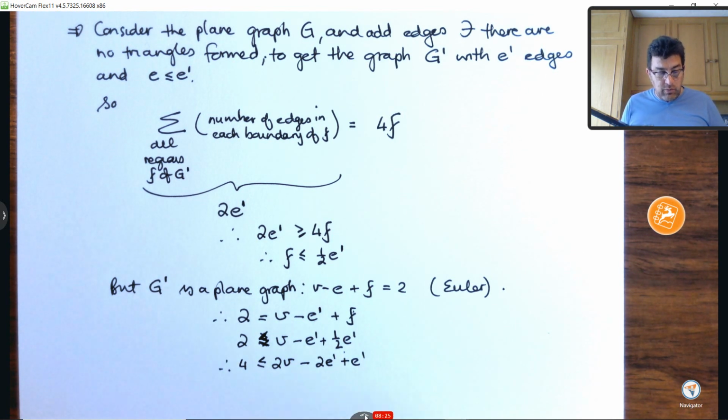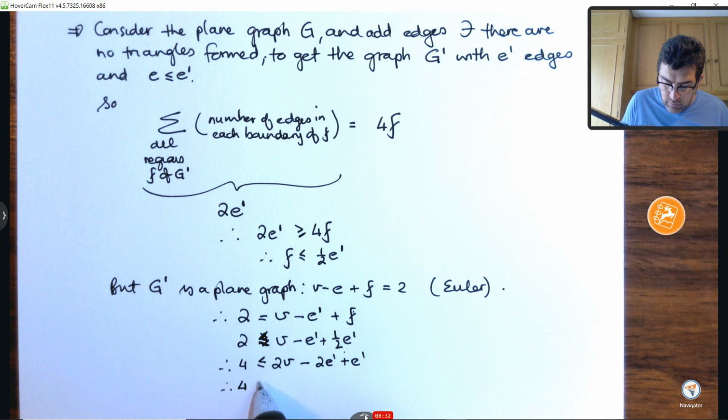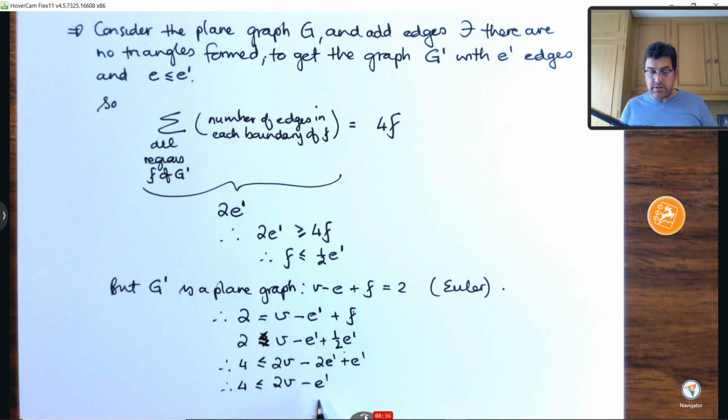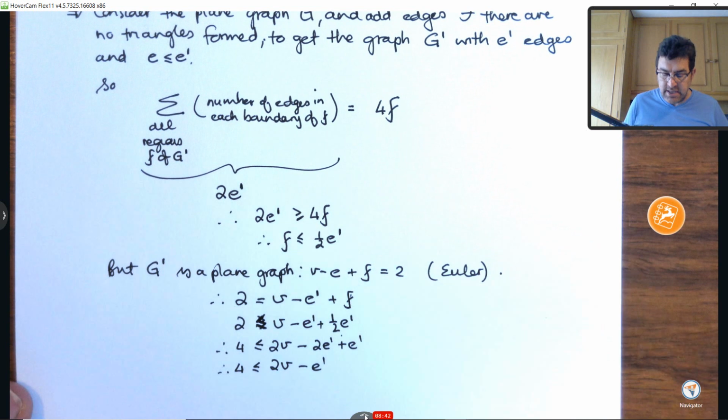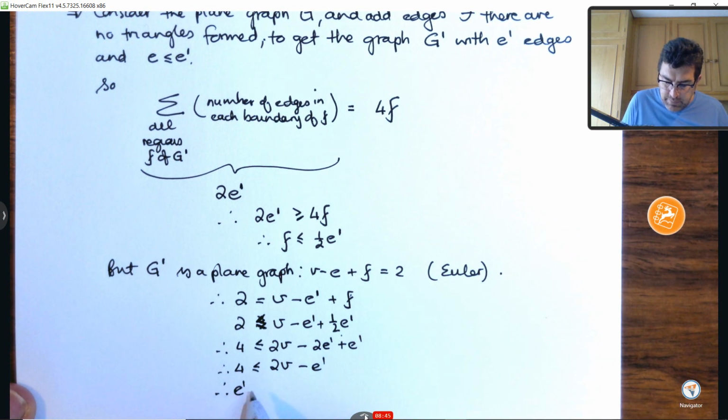And if I now want to look at my number of edges, that is 2V minus E prime. So what am I going to do? I am going to throw the E prime over and bring the 4 to the right hand side. So therefore E prime is smaller than or equal to 2V minus 4.